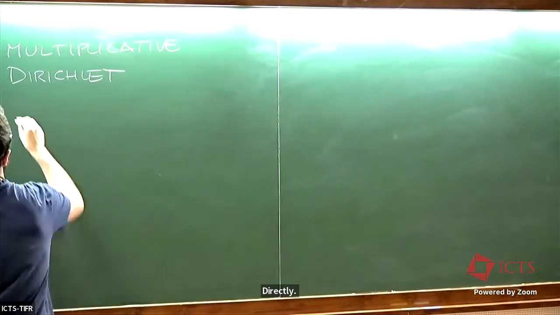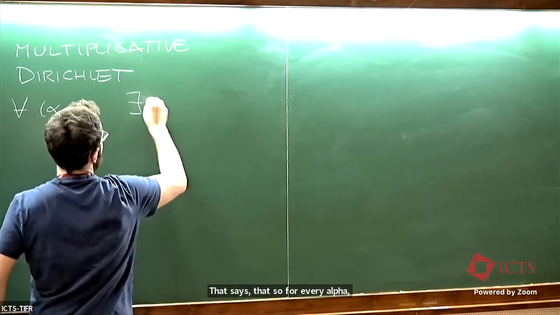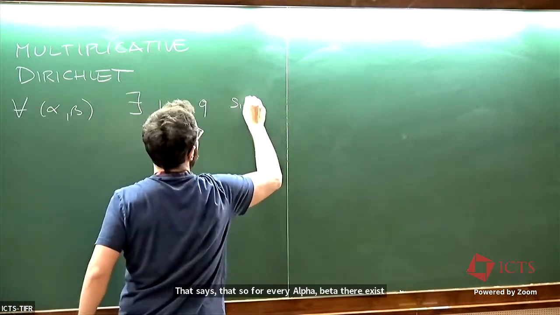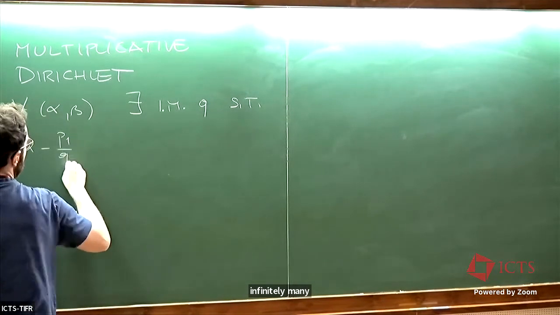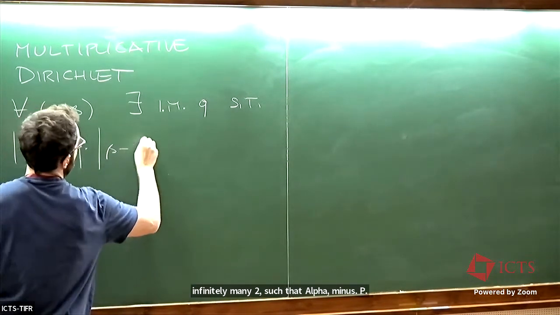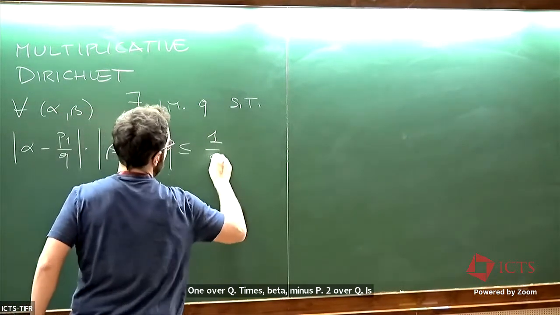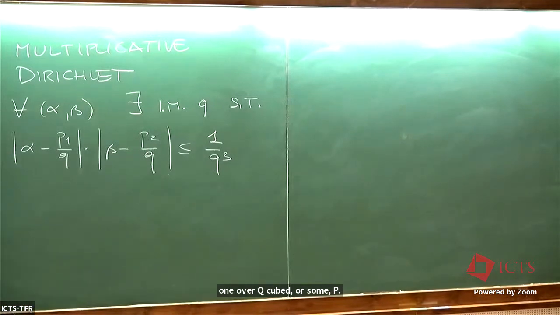That says that for every alpha, beta, there exist infinitely many q such that |alpha minus p1 over q| times |beta minus p2 over q| is less than 1 over q cubed for some p1 and p2.